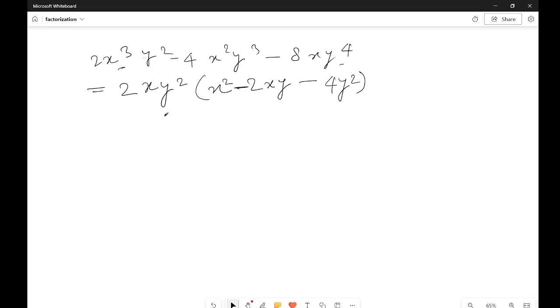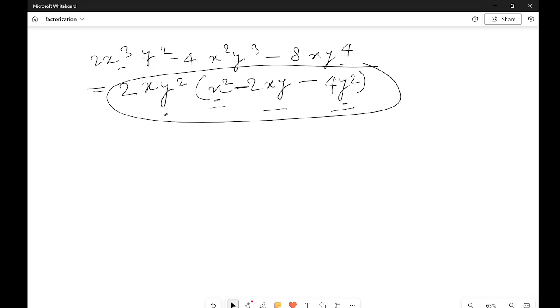Okay, and after taking a common or putting in brackets, we will just take another look if we have found anything more common. So x square, 2xy, 4y, there is no constant to common, or even when you go for the variable, there is nothing common in the variable. In this one there is no y, in this one there is no x, so we can't take anything common. So this will be my answer.